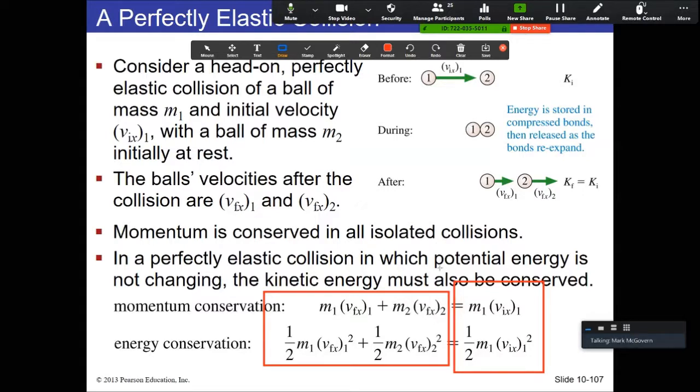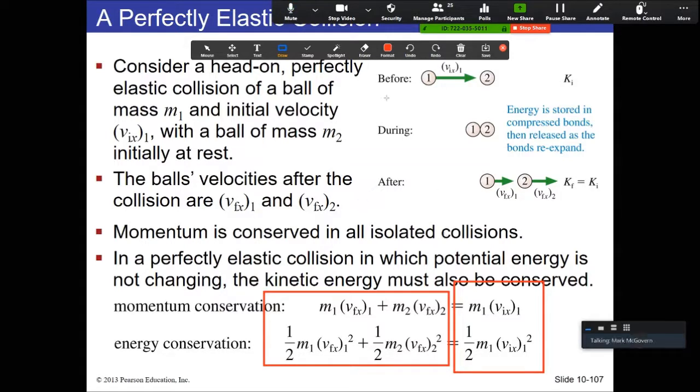Well, if you look at this, assuming you know the mass of the balls, which you should, and assuming you know the initial conditions, how fast the ball was moving, technically speaking, this system is solvable. You can solve it because it's two equations and two unknowns.